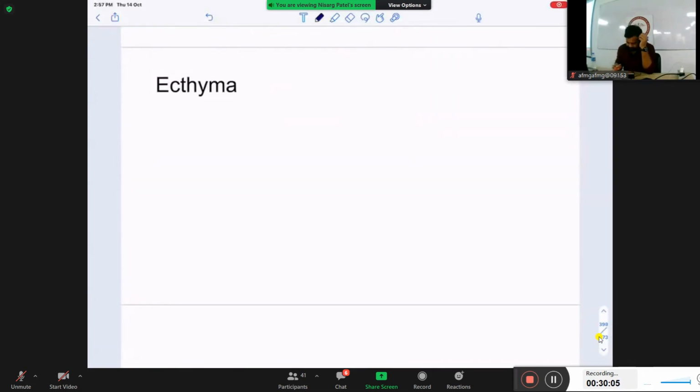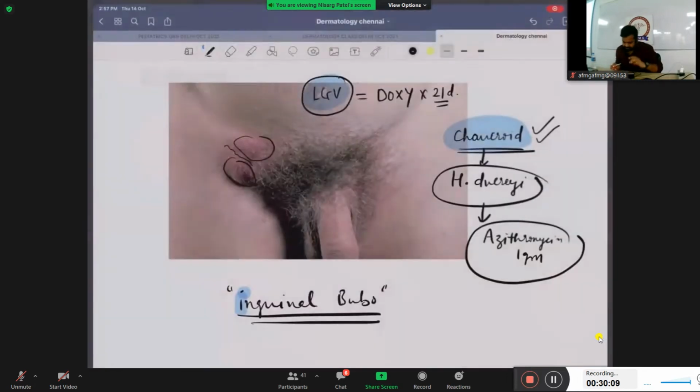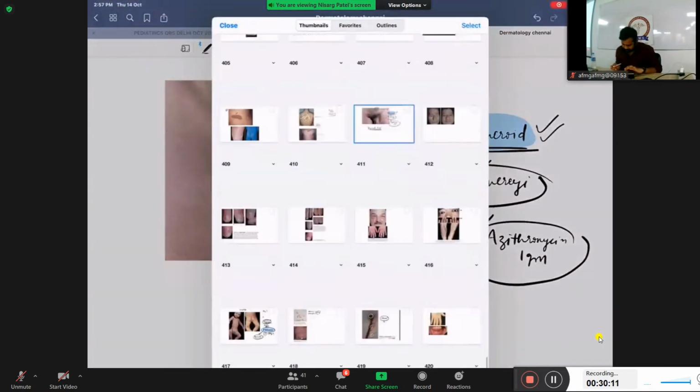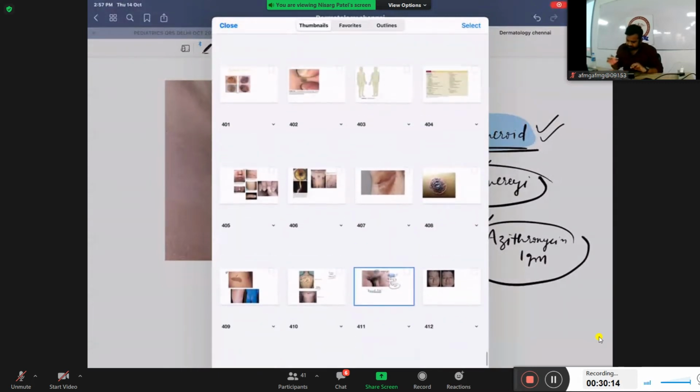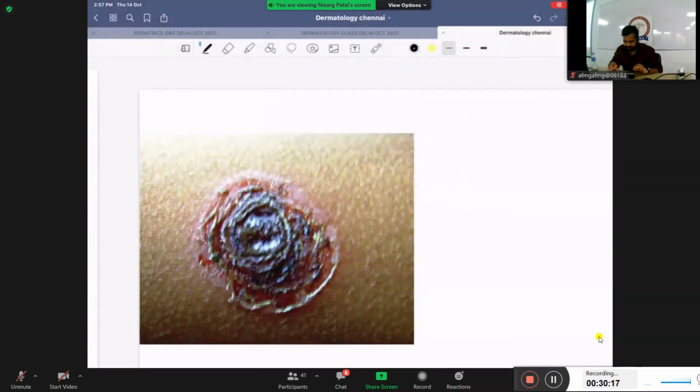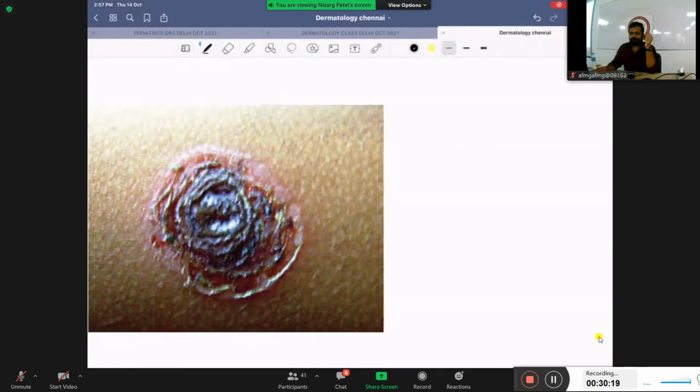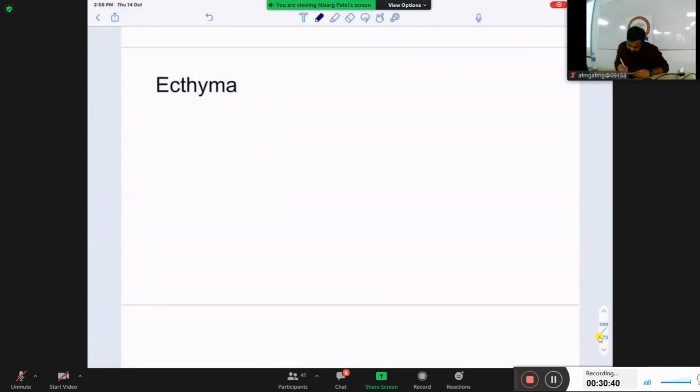Next is ecthyma. So see this, what is ecthyma? Generally, if you have any insect bite or skin trauma, and it gets infected with staphylococcal or streptococcal organisms, because of the secondary infection a black colored scab, which is very hard, is formed on the primary wound. This is known as ecthyma. So we only need to know the causative agent.